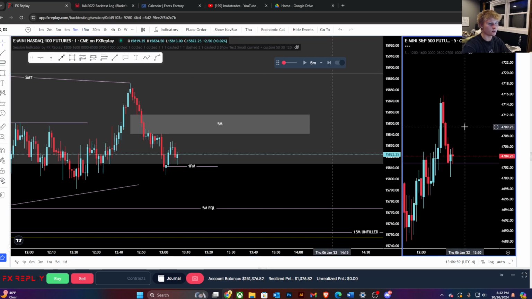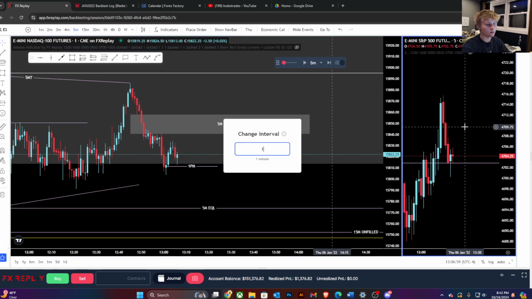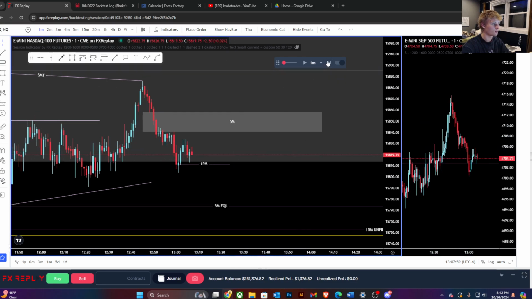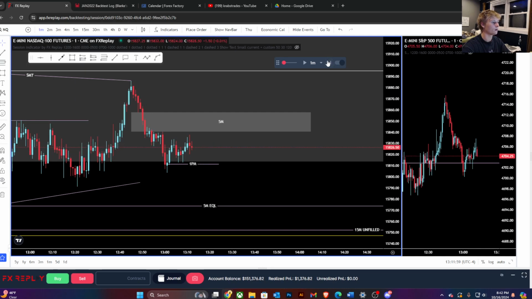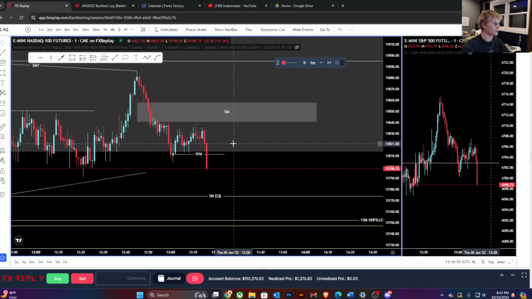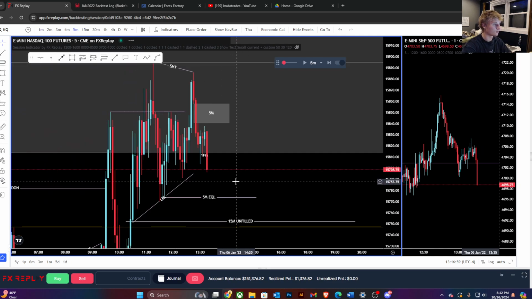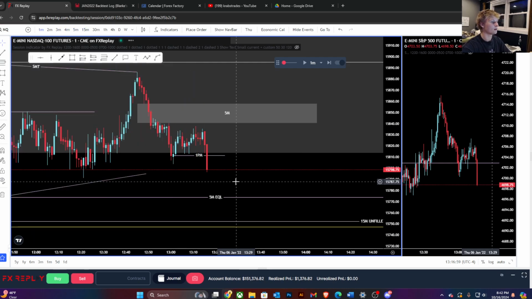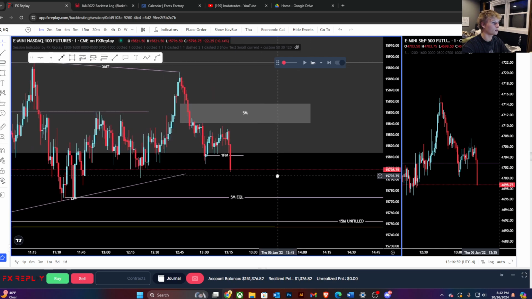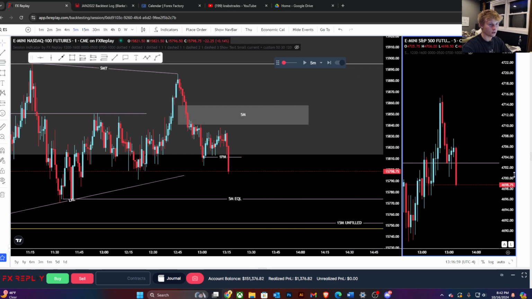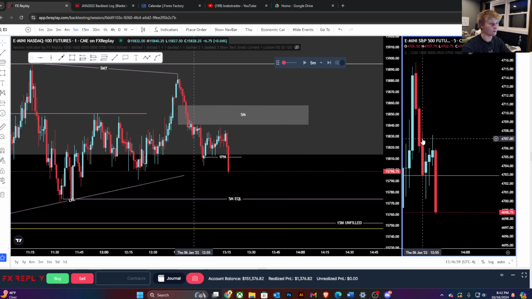Alright, I'm gonna see if ES taps it. See if we go wick up a little bit higher. And we did not. So yeah, we left that 5 minute, which I don't really like. ES did not tap it.